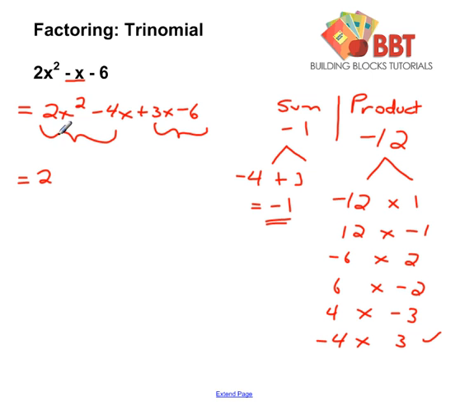Positive, 2. What's the highest x that I can pull out? Just an x. What does that leave me with? 2 is done, it's gone. How many x's do I have left? Well, I have an 1x. Right? What about here? I pulled out a 2, so I'm left with what? Minus 2. Right? And my x's are fully factored, so I'm done with that one.